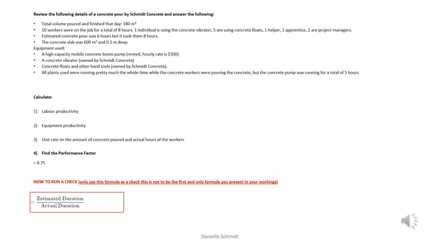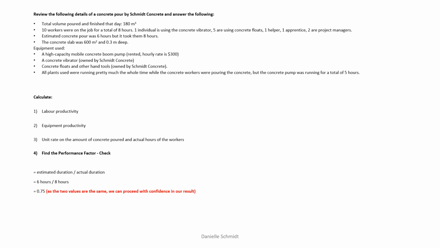However, if you just include this equation without the unit rate information that we did on the previous slide, you will not receive full marks. So this is to check: we do estimated duration over actual duration of the pour. So we know that the performance factor is the estimated duration over the actual duration, which is 6 hours over the 8 hours.